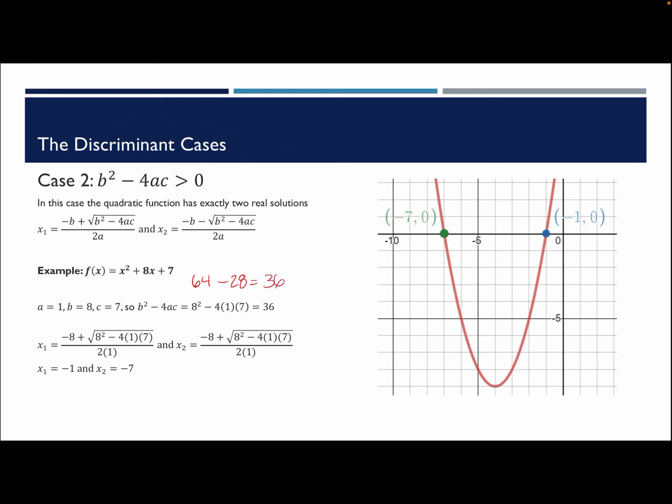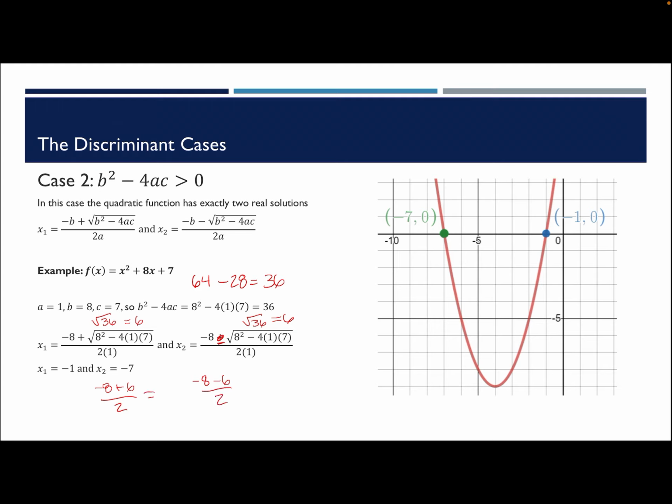And so the discriminant we already know is 36. So we're really doing -8 plus the square root of 36, or -8 minus the square root of 36. And we know the square root of 36 equals 6. So our two solutions are -8 plus 6 divided by 2 and -8 minus 6 divided by 2.